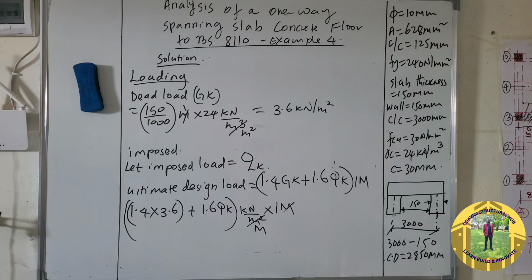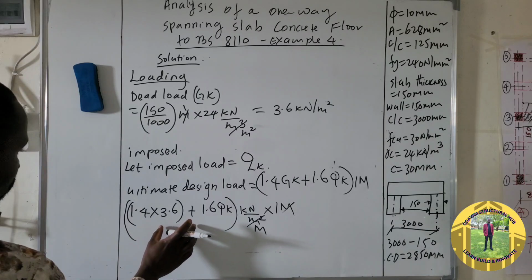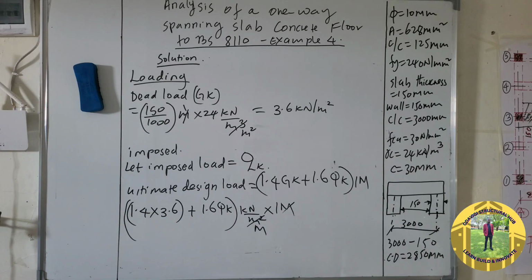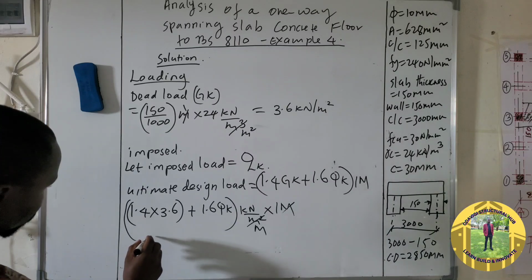So let's carry out the operation. 1.4 times 3.6 is 5.04.